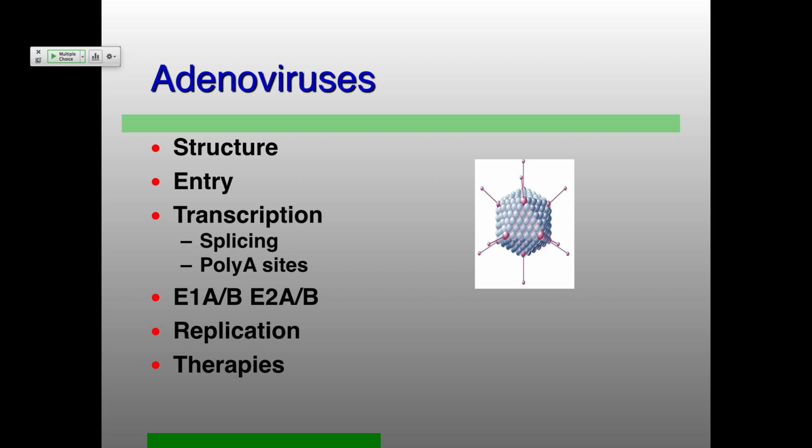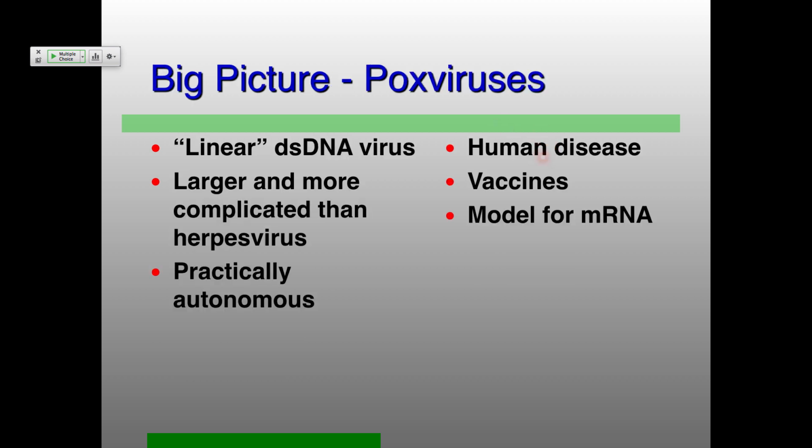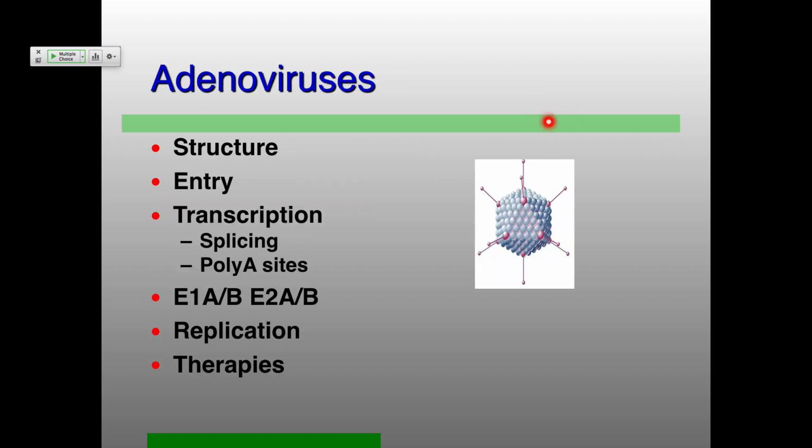They don't have membranes, so they can't fuse easily. They have to get inside the cell through interactions with receptors, again, not surprisingly, sitting at the ends of the pentons, the knobs, the Coxsackie adenovirus receptor. It comes in through receptor-mediated endocytosis. Endosomes, of course, become acidic.